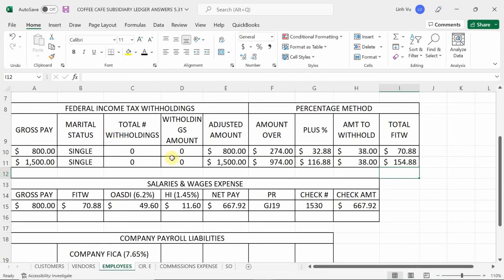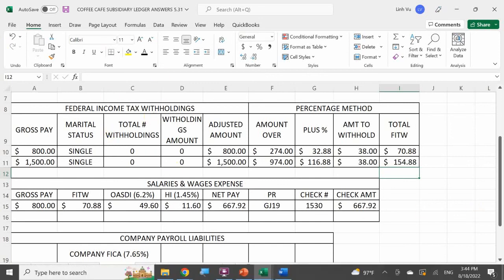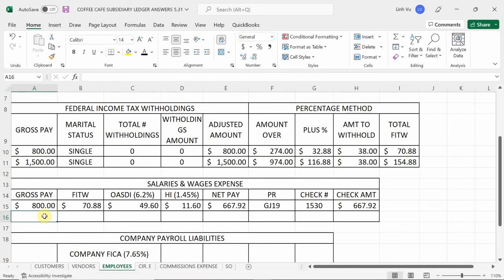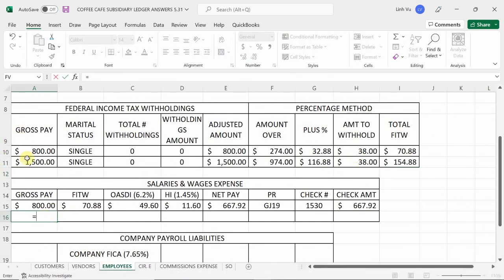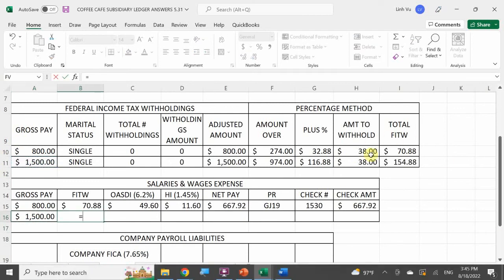They were both on the same bracket, but because of that 12% over the extra amount you've earned, Tim has to pay more taxes. So again, gross pay is that $1,500. Federal income tax is going to be this.